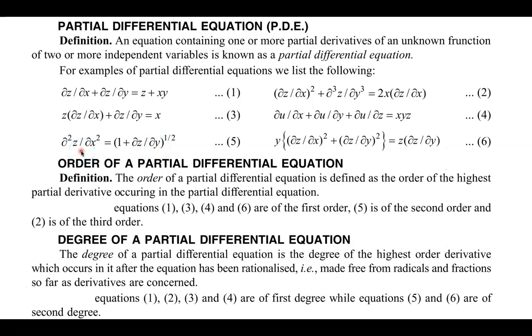The degree of the highest order derivative will be 2. That is, the degree of this differential equation will be equal to 2. In equation 6, the degree of the highest order derivative is 2. Hence, degree is equal to 2. That is, this equation is of second degree.